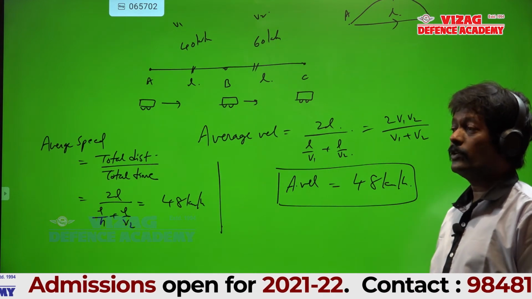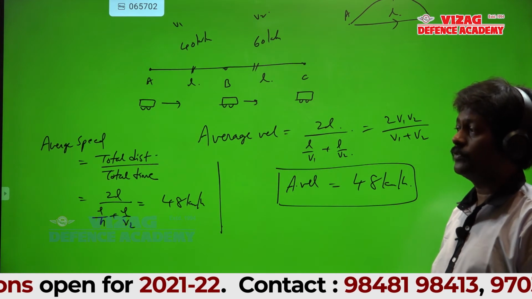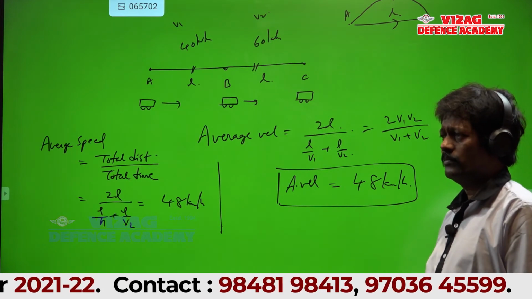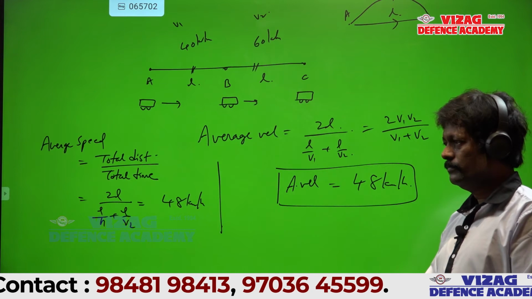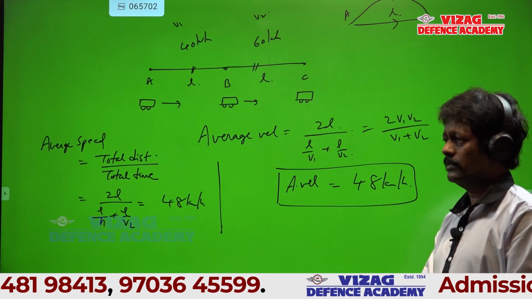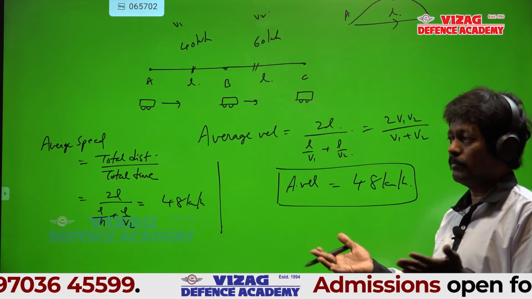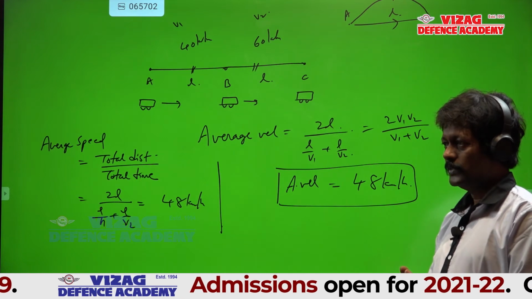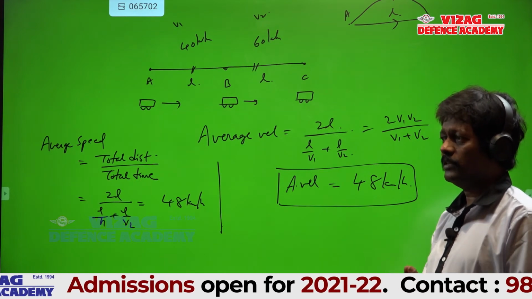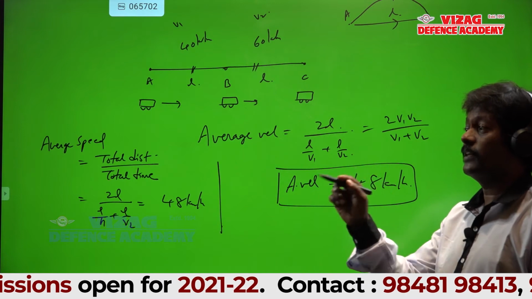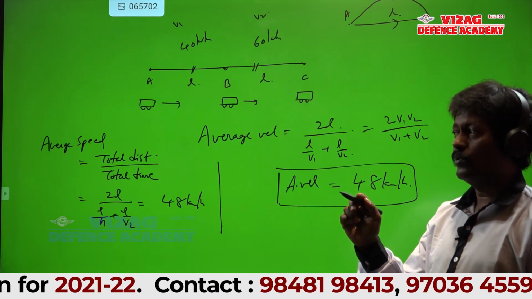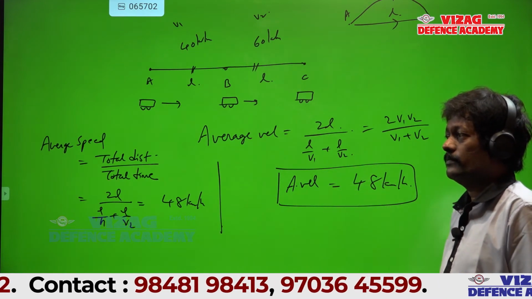When you are dealing with vectors, you should be very careful. Scalar, no problem. Time is a scalar, speed is a scalar, mass is a scalar. If I say 10 kg, it is a scalar, but weight is a vector. What is the formula for weight?